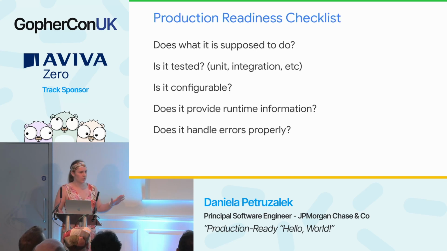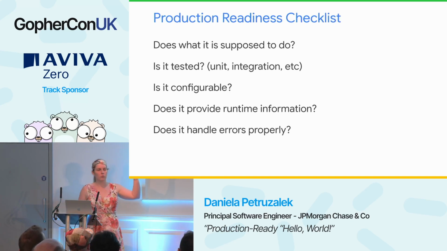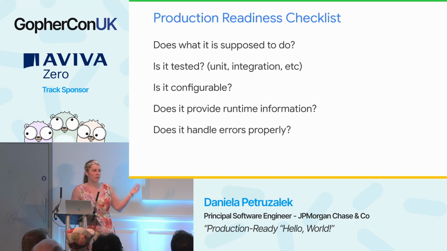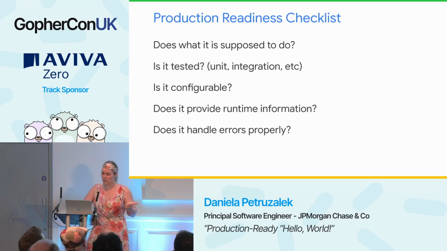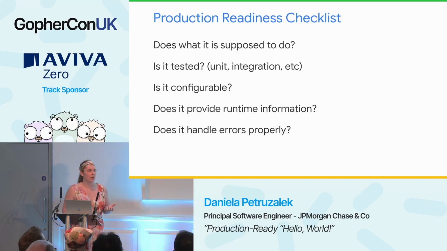Again, this is another concept you can easily Google and find hundreds of different checklists. I just summarize it, and it's very simple here. Does it do what it's supposed to do? That's kind of obvious. But is it tested? I always like to say that tests are your insurance policy. Something that doesn't have a test, by definition, is not production ready.